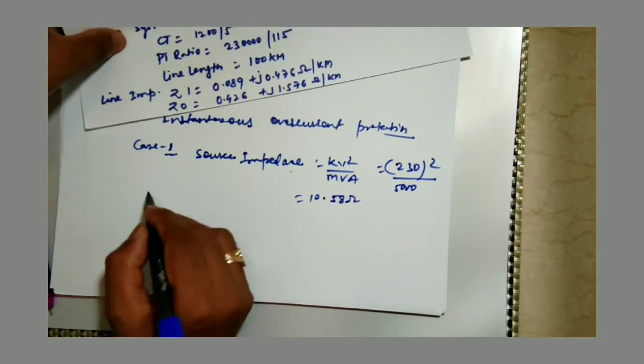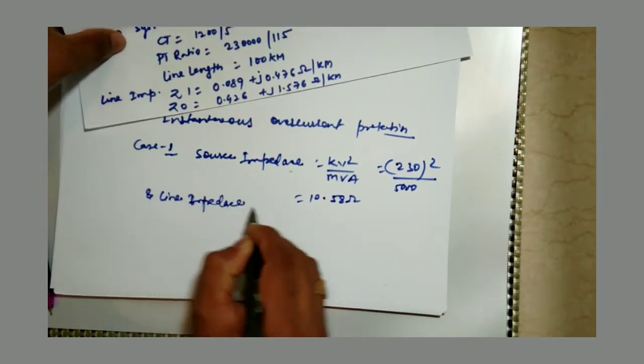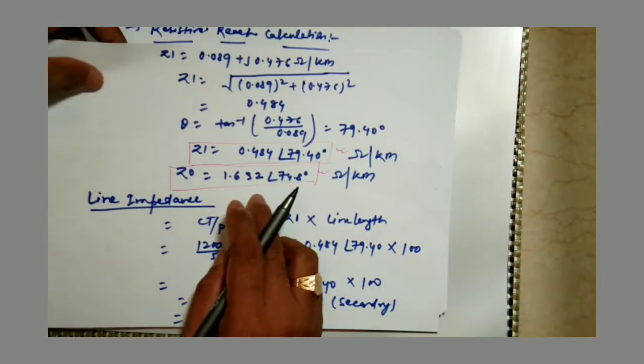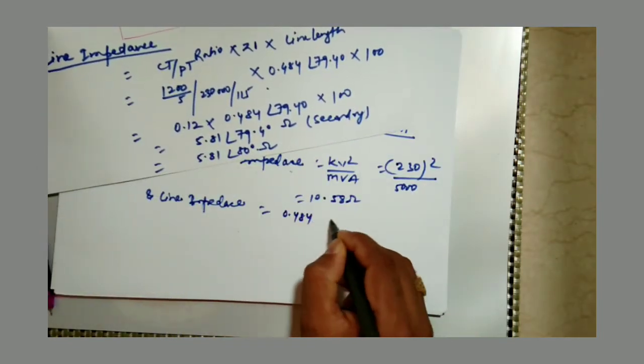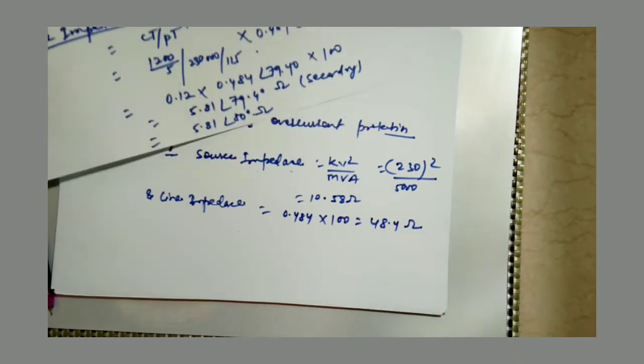So line impedance, that you have calculated, 0.484 into 100 kilometer line, will come around 48.4 ohm.